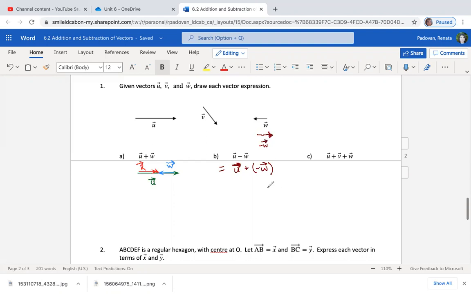So if I write this out, we've got vector u. Let's write out vector u in green again, and try to make it the same length. So vector u, I'm just looking up above and comparing, roughly like that. So this is vector u. And to that I'm adding the negative, the opposite of vector w.